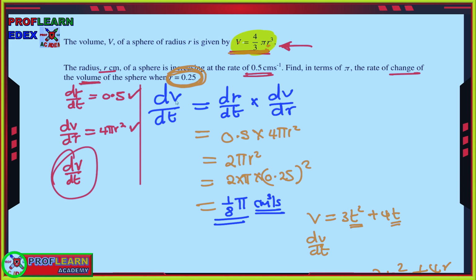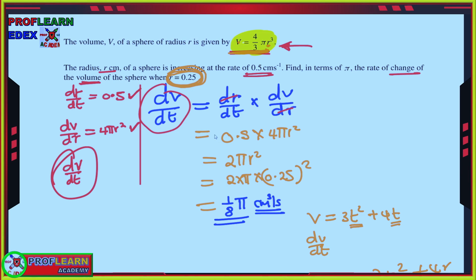To find that, you are going to say dV/dt is equal to dr/dt times dV/dr. So you can see from here, if you cancel the dr here, you will remain with dV/dt, which is on the left hand side.